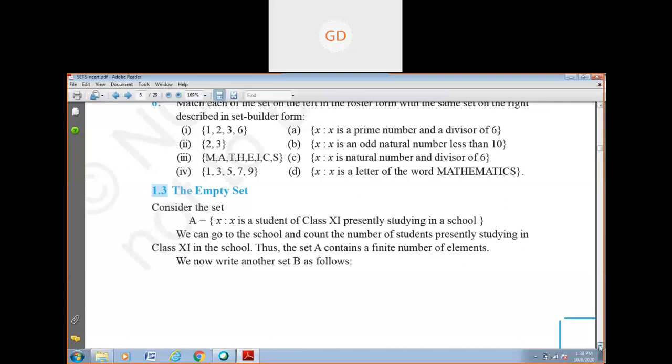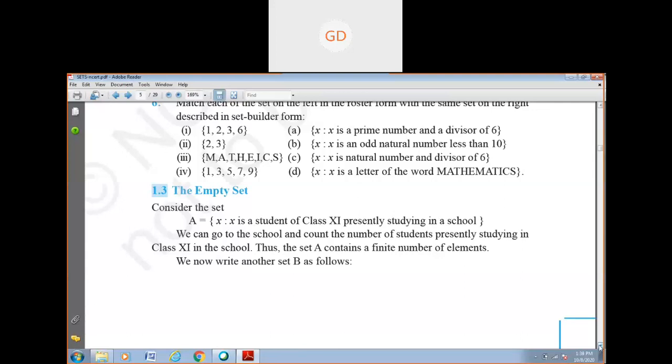which has two forms. The first one is roster or tabular, and the second one is set builder. And through some basic examples, we have learned how to convert a set from roster to set builder, and conversely from set builder to roster.